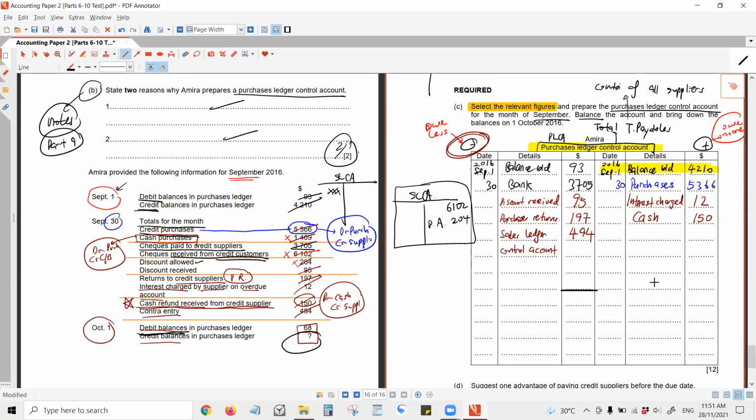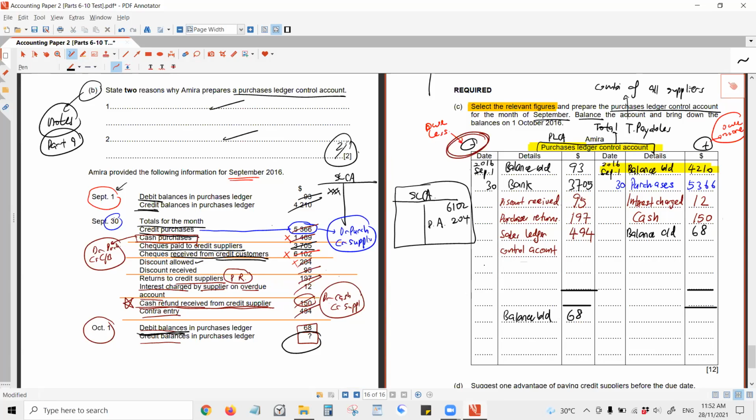Remember, balance always means balance BD. Always look at balance as balance BD. So always write balance BD first, 68. Then you move it up diagonally, 68, balance CD.